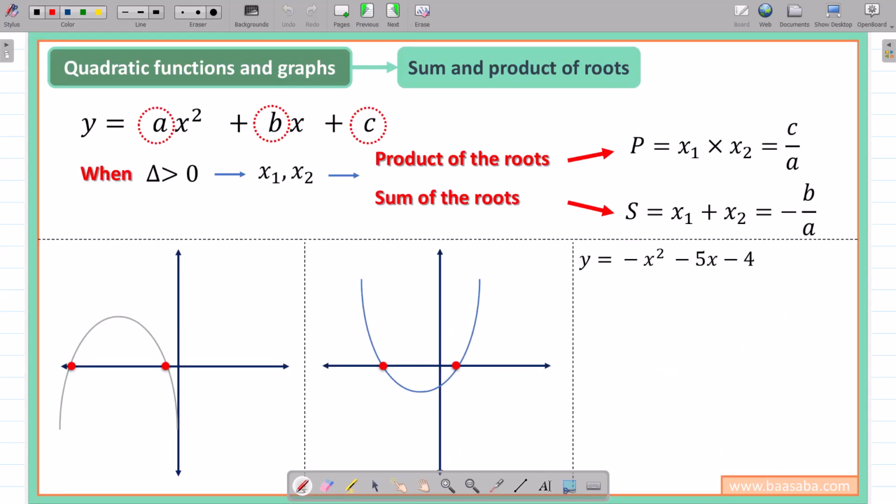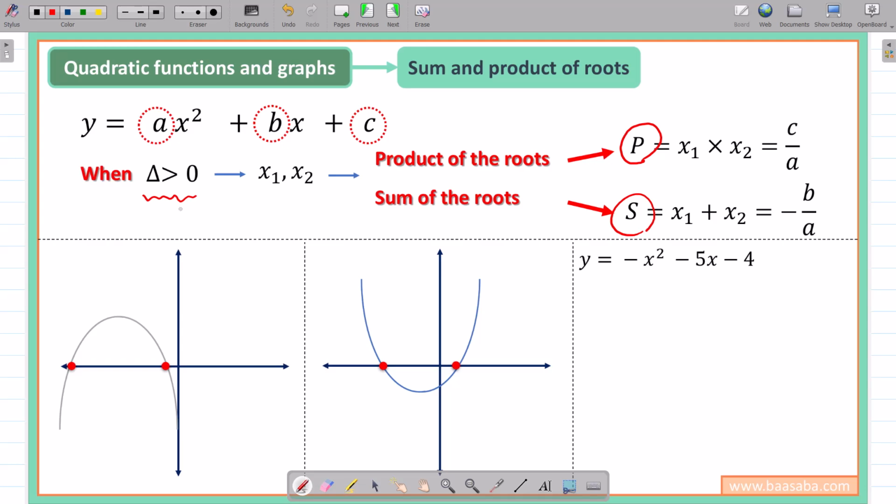Another thing that helps us to know more about the graph of a quadratic function are two factors, P and S. P stands for product of the roots, and S stands for sum of the roots. Imagine your quadratic function has delta greater than 0.